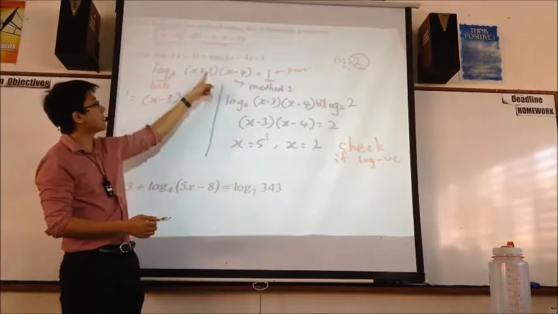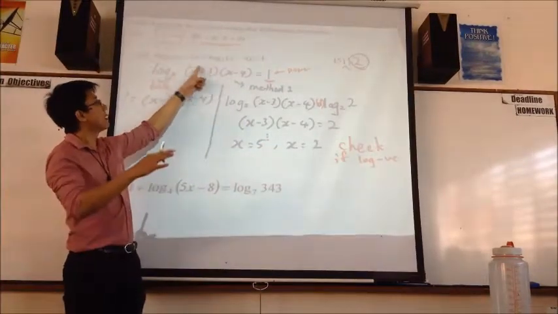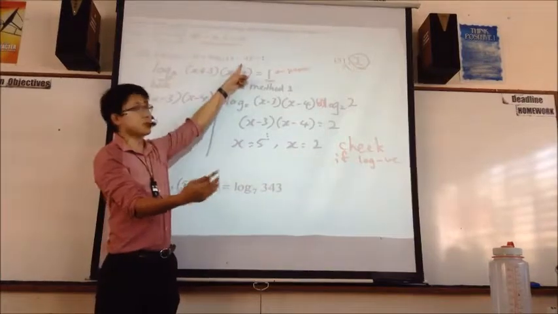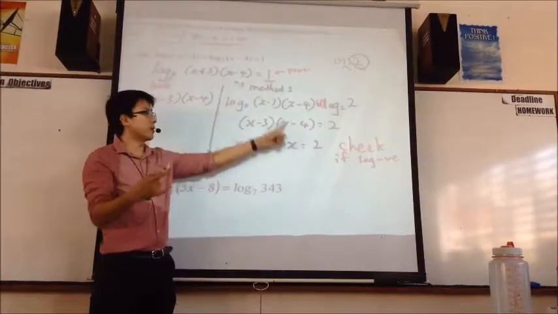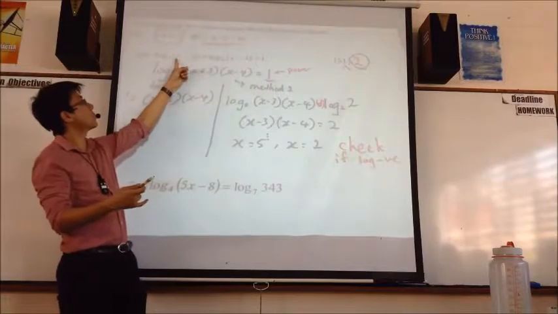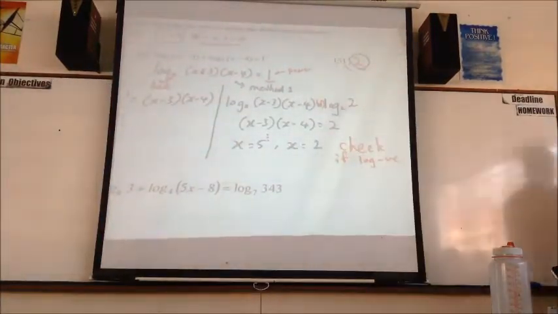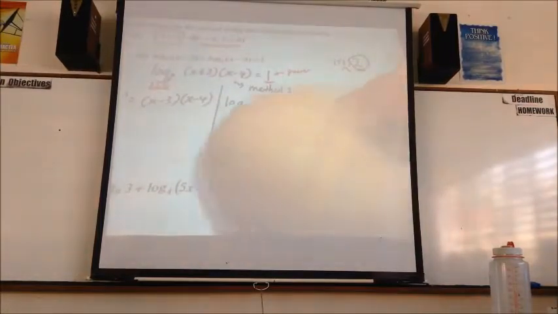Example, substitute 5 inside. 5 minus 3 is okay because it's 2. 5 minus 4 is okay because it's 1. But when you substitute 2 inside, it becomes 2 minus 3, so it becomes log of negative 1. So this is rejected.